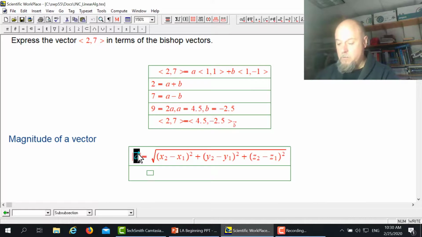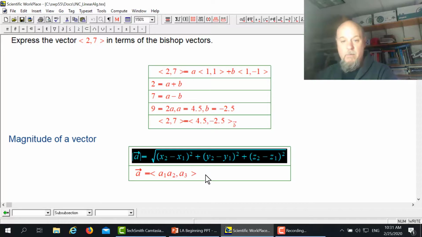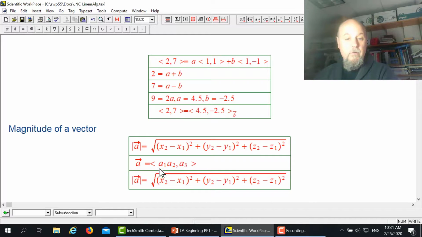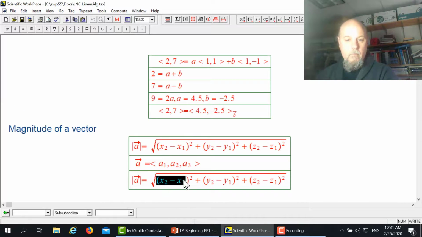So if I'm writing vector A as a sub 1, a sub 2, a sub 3, again a 3D vector I'm thinking about, then I can express its magnitude, and this is probably the most common way to do it, as the square root of the sum of the squares of the components.